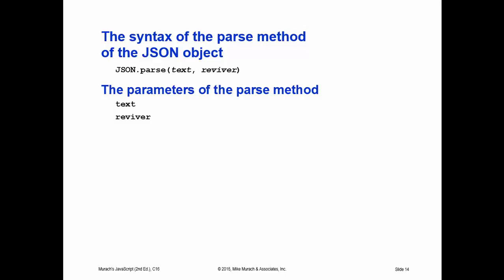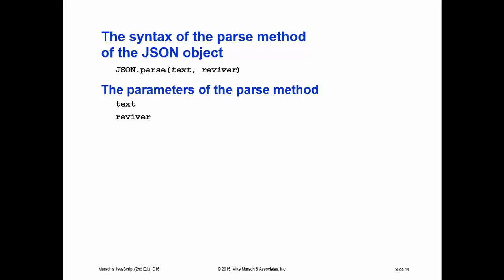If the string to parse isn't valid JSON, it'll throw a syntax error exception. If the string to parse has an array or an object with trailing commas at the end, it'll again throw a syntax error exception. So the parse method's job is to convert a JSON object to a JavaScript object.